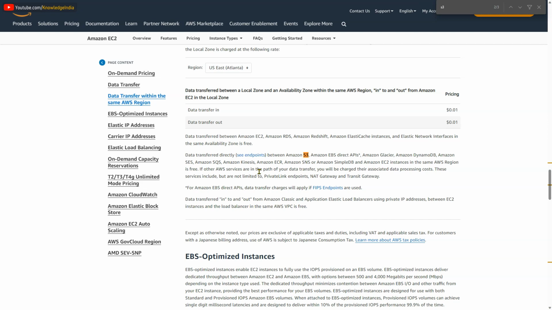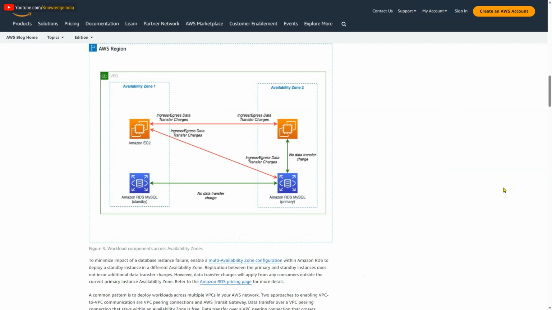Now, if you think about multi-AZ RDS, here is a good diagram for you to understand. Let's say you have an application running an auto scaling group. Because of the auto scaling group, you will have at minimum 2 instances, or maybe 4, 6 or 10 instances running, and you are using a multi-AZ RDS.